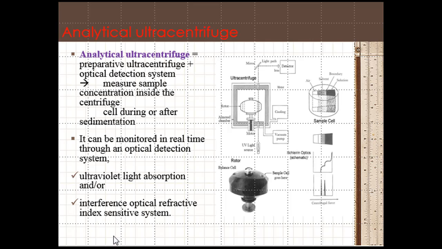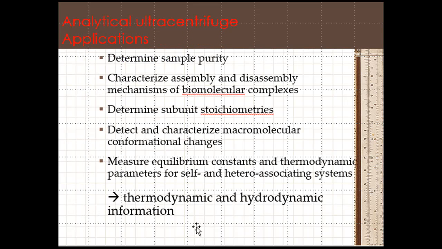Here, it can be used for real-time evaluation using an optical detection system, for instance ultraviolet light absorption and interference optical refractive index sensing systems, which are widely used for determining sample purity, characterizing assembly and disassembly mechanisms of biomolecular complexes, determining subunit stoichiometry, detecting and characterizing molecular conformational changes, and measuring equilibrium constants and thermodynamic parameters for self and hetero associating systems.